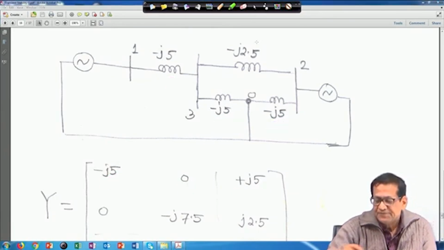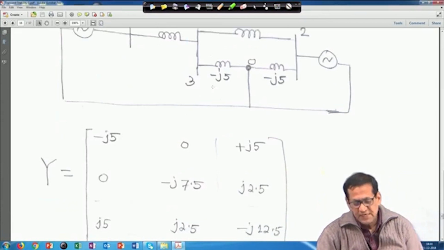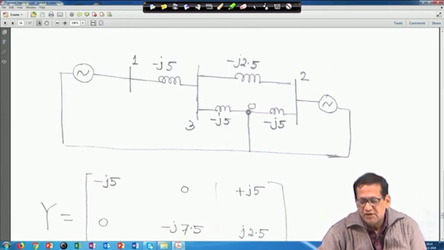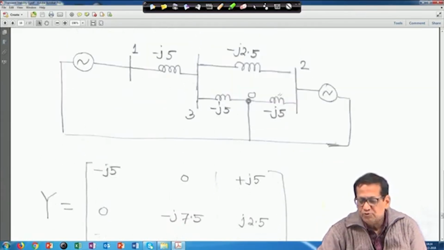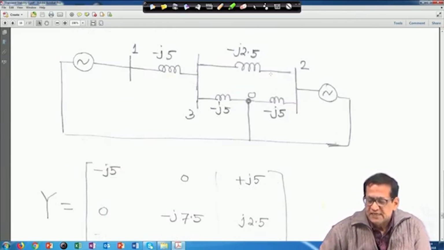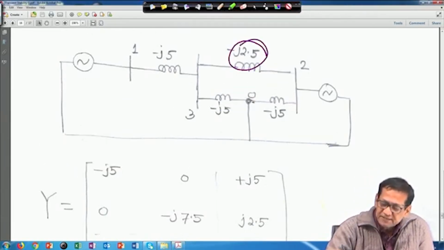Similarly, Y21 is 0, no connection between 2 and 1. And for Y22, this one will be added, and the fault has occurred here, and then this one will be added.